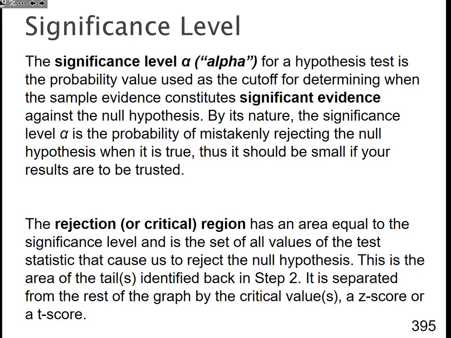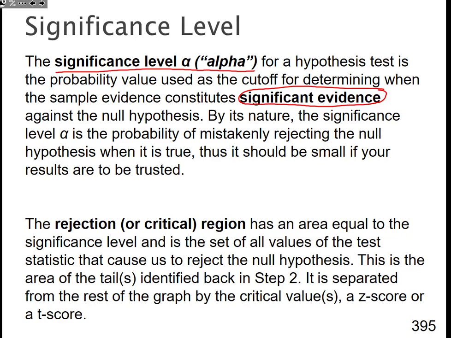The last thing that you need for step 3 is to identify the significance level, and we've already made reference to this. The significance level is the Greek letter alpha. For a hypothesis test, it is the probability value used as the cutoff for determining when the sample evidence constitutes significant evidence. So the significance level is based on significant evidence against the null hypothesis.